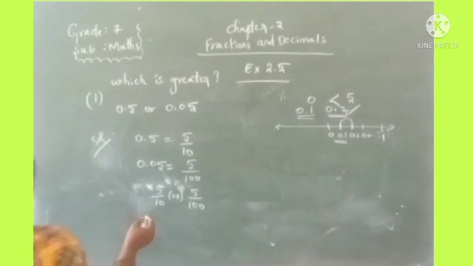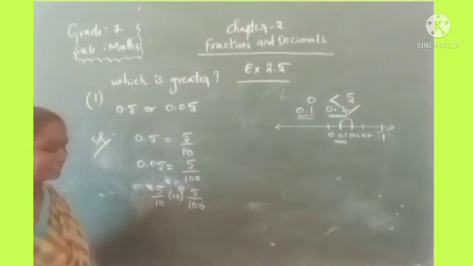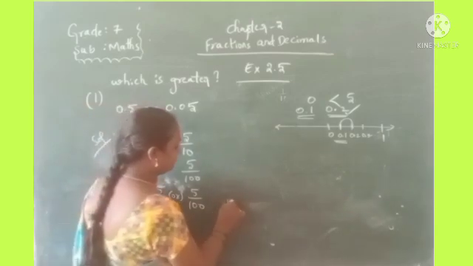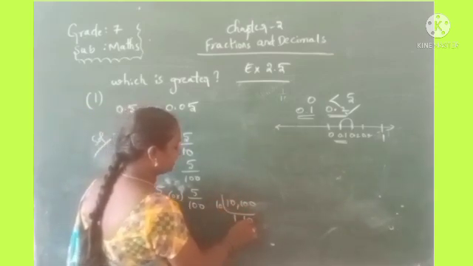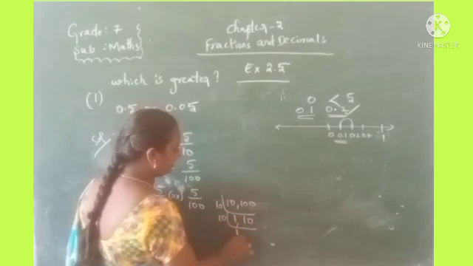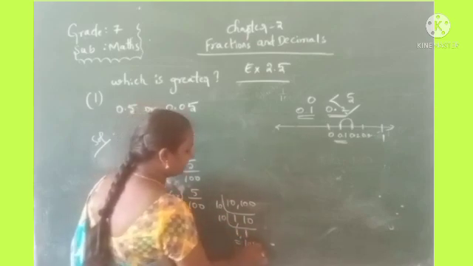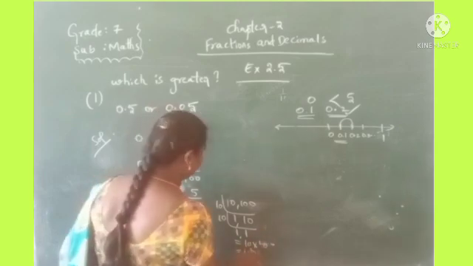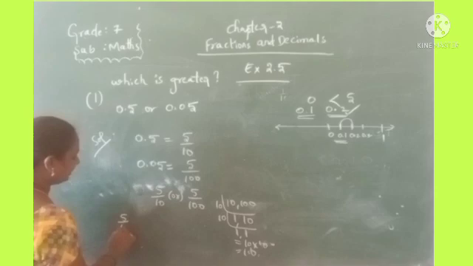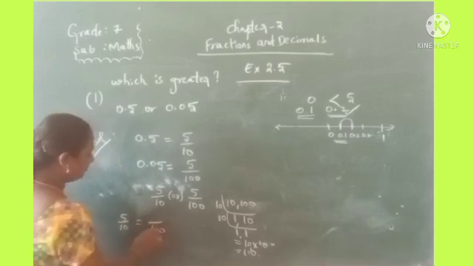See here, I already said to you, compare the denominators here: 10 or 100. For that, simply we have to find the LCM. 10 ones are 10, 10 tens are 100. So by finding the equivalent fractions, how will you get 100?